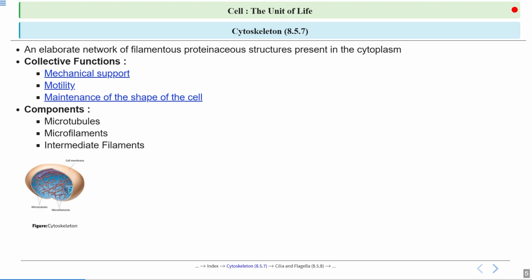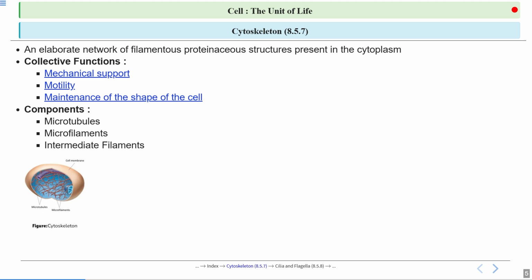Clear? So here you can see this is an image showing you cytoskeleton. The cytoskeleton consists of microtubules. Here you can see these are the microtubules. It consists of microfilaments also and intermediate filaments as well. We have already discussed the function of the cytoskeleton. The cytoskeleton is a dynamic structure.